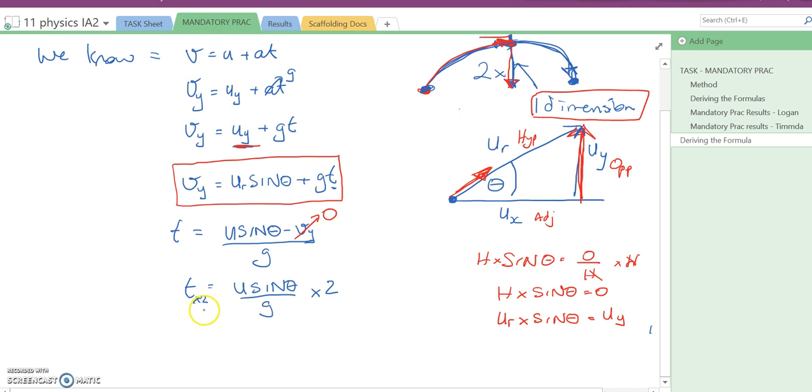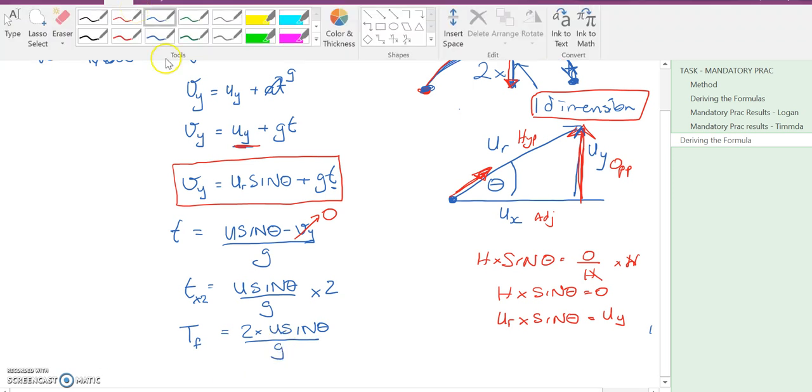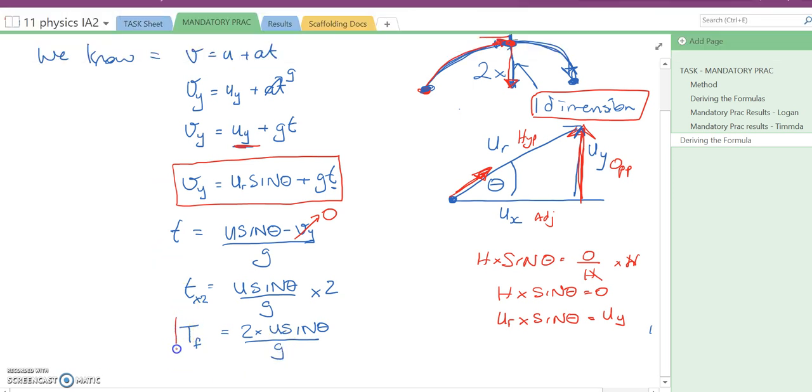And instead of being t, we're going to call that a new variable, tf. The time of flight is equal to 2 times u sine theta all over g.